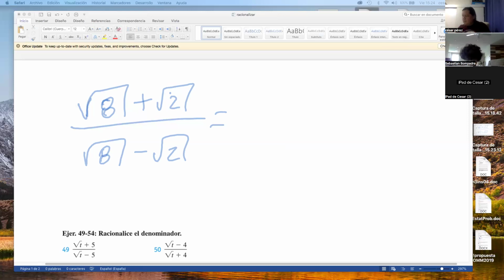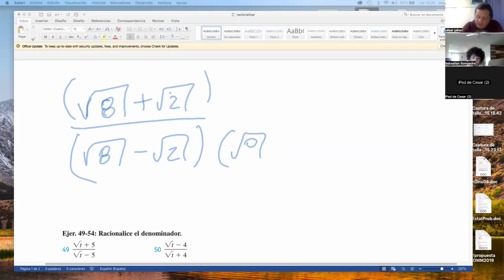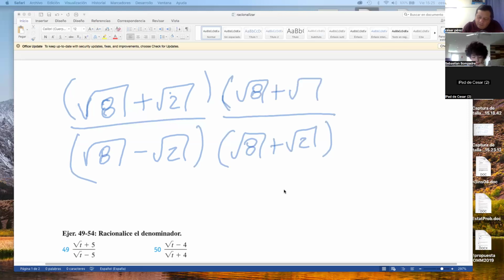Okay, let's see. Maybe I made some mistake, but we need to multiply by the square root of 8 plus the square root of 2, the conjugate of the denominator. Here we will get 8 minus 2.